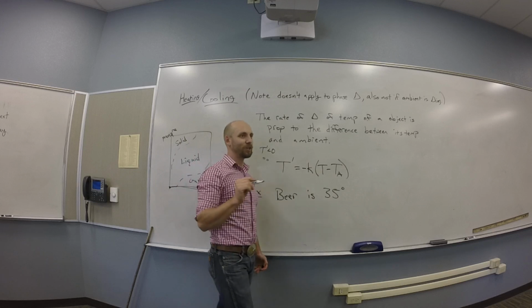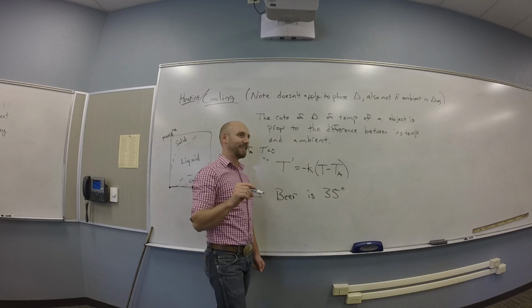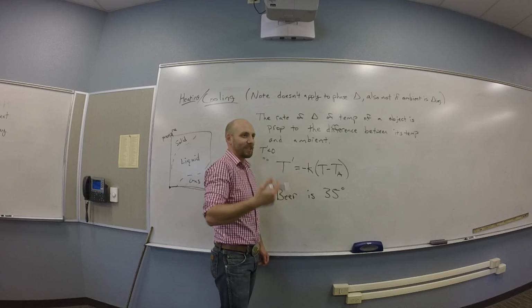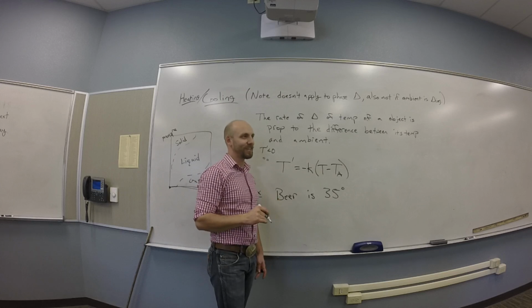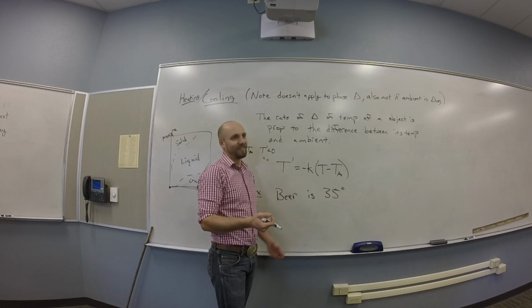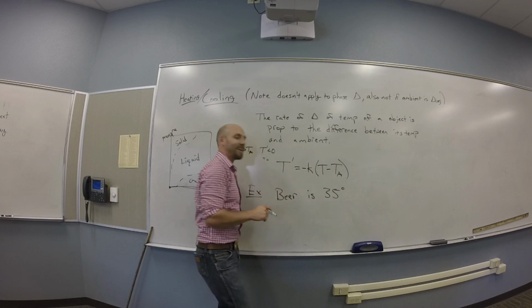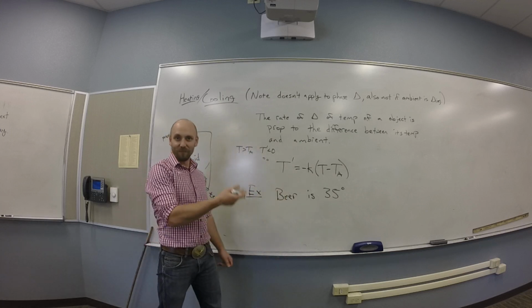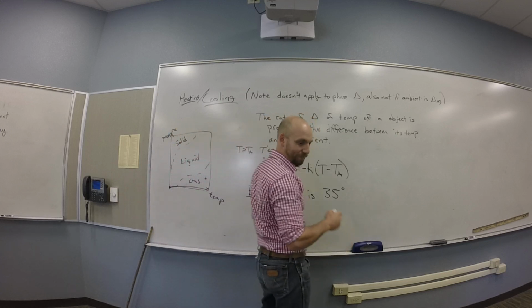Yeah, so fridges should be under 40 degrees, and 35 is a common setting for fridges. Mine's actually set at 37 because I don't really care about food poisoning. I have an immune system, but whatever, set your fridge at something. 35 is what I have written down in my example, if you're in Fahrenheit.